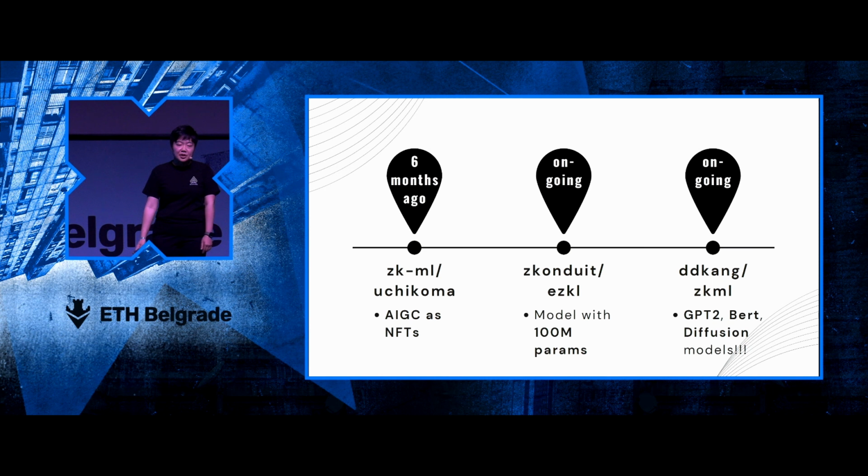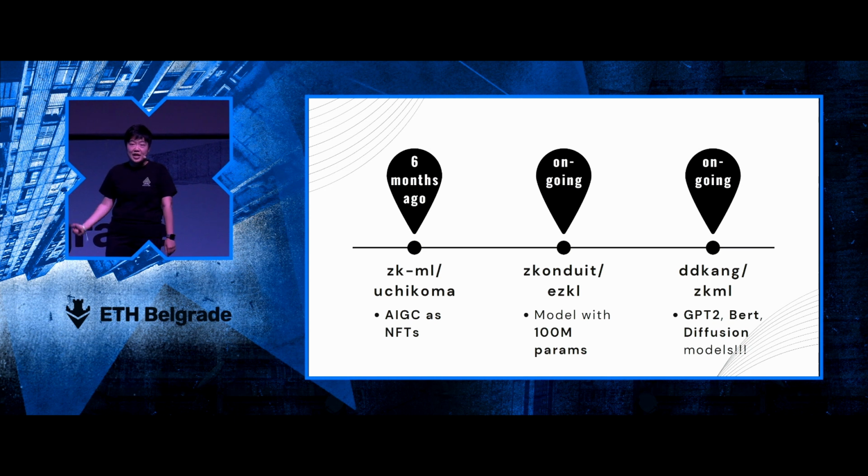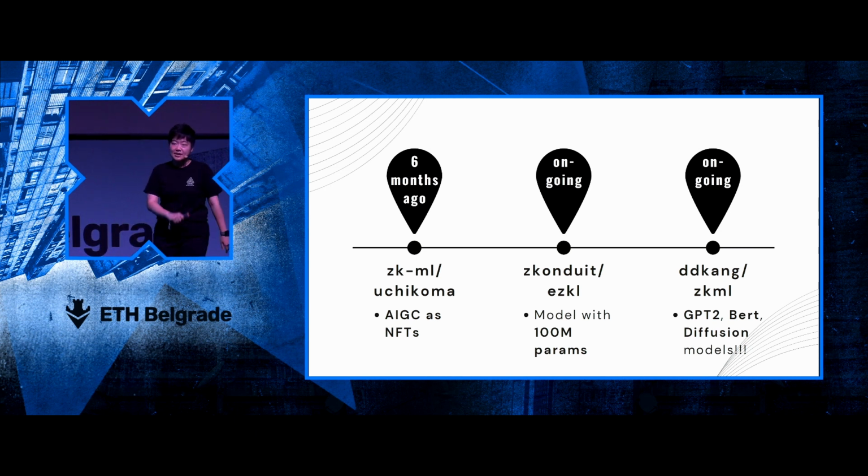There are two very important ongoing projects that you would absolutely want to check out if you're interested in this field: Modulus Labs' ezkl and also Daniel Kang's zkml repository. Those two make use of the Rust language and the Halo 2 prover to gain a lot of performance boost and fit much larger and much deeper models into a ZK proof.